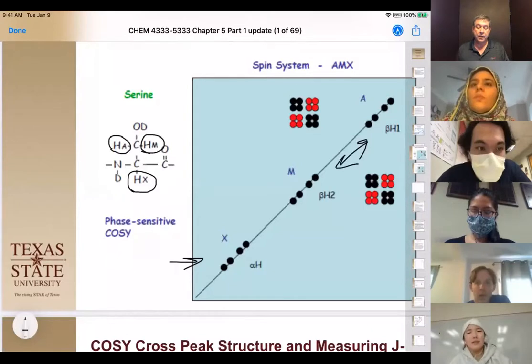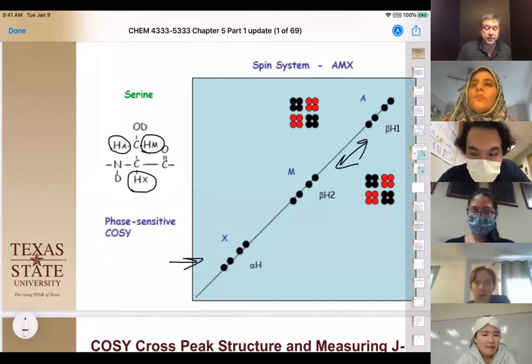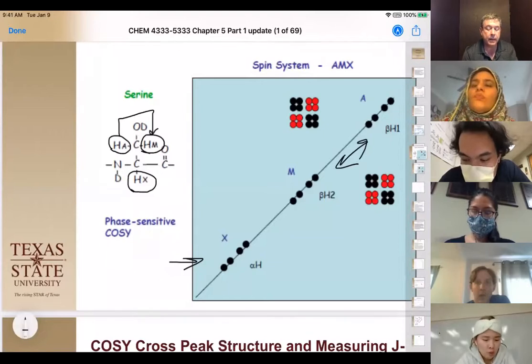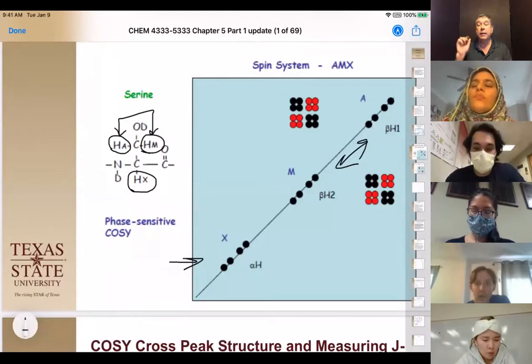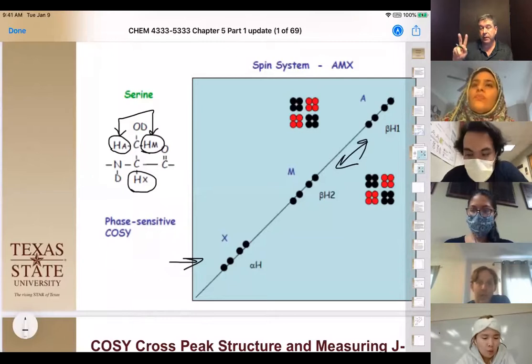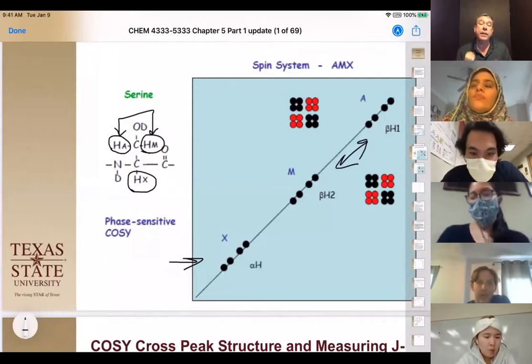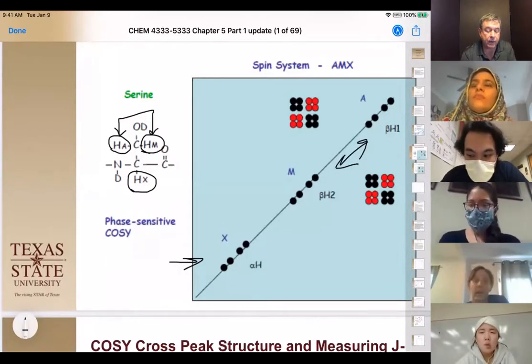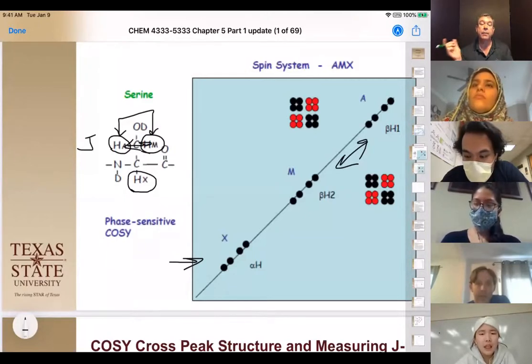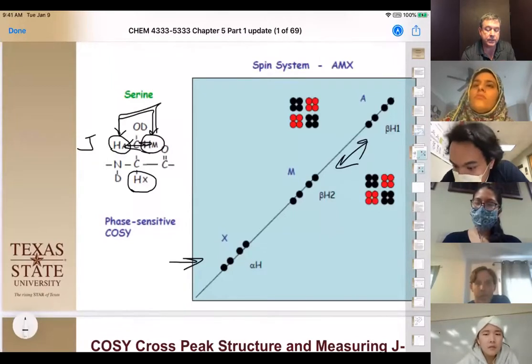In this particular case, these 2 are a geminal, 2-bond distance. One coupling constant is associated with them being geminal, and one coupling constant is associated with them having different shifts.